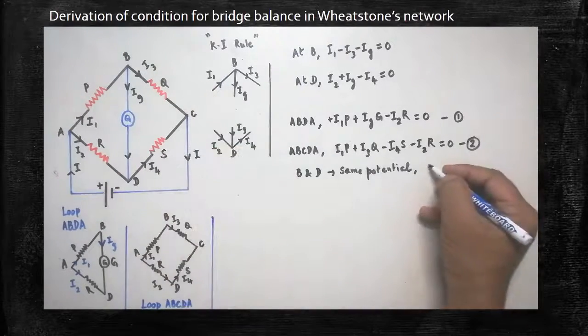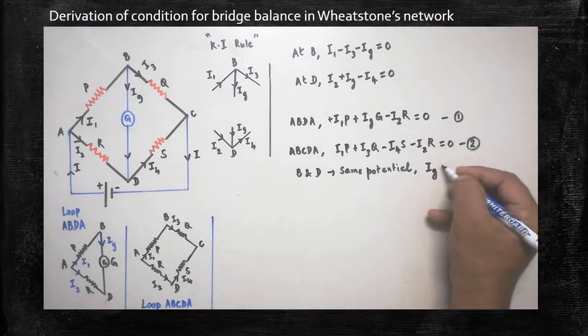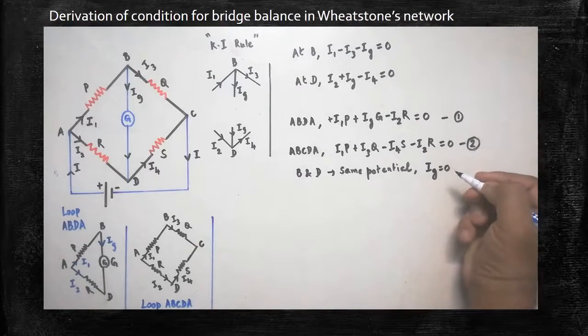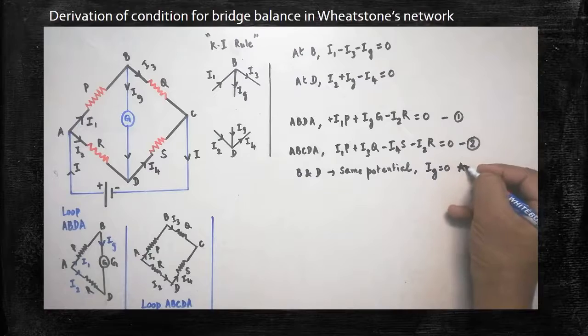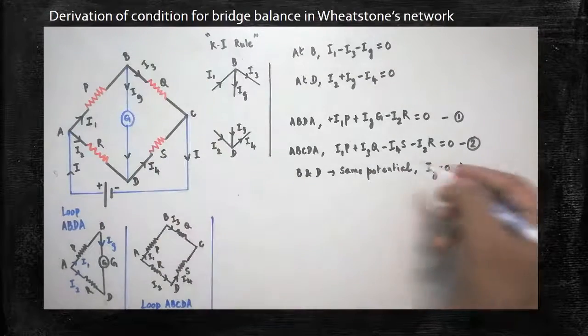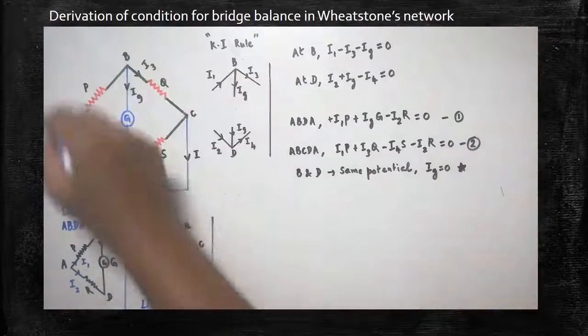Therefore, the current passing through the galvanometer will be equal to 0. When current is not passing, the bridge is said to be in balanced condition.